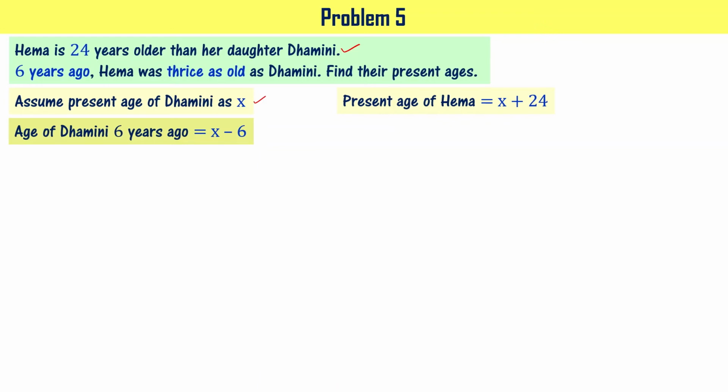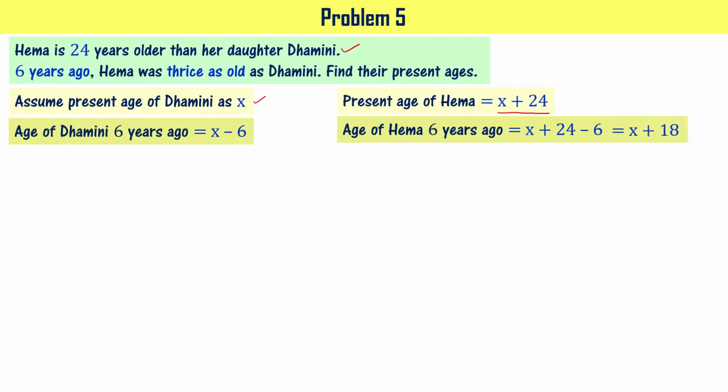The present age of Hema is X plus 24. 6 years ago, what could be her age? X plus 24 minus 6, right? That's what I have written here. Age of Hema 6 years ago is X plus 24 minus 6. Simplify this, and you get X plus 18. Age of Hema 6 years ago is X plus 18.